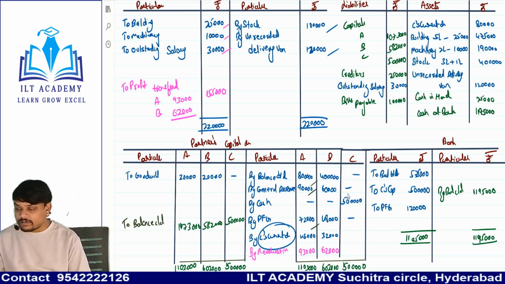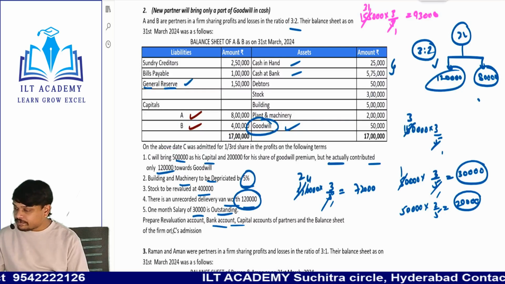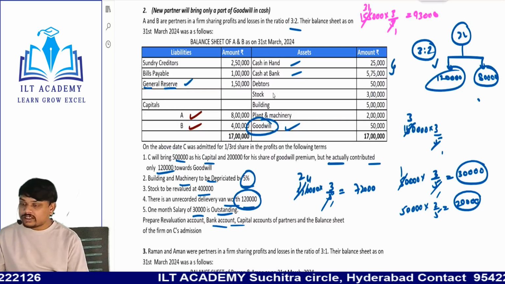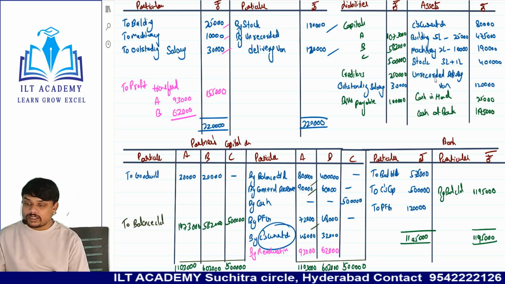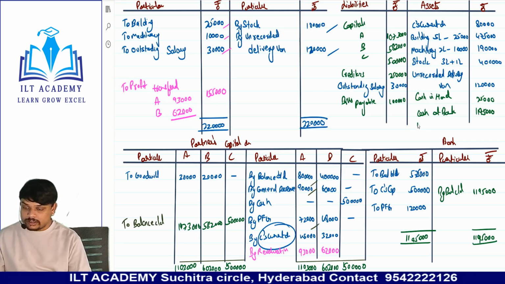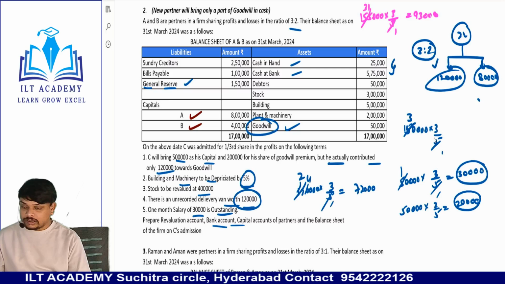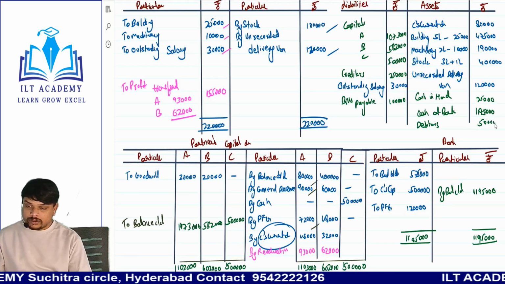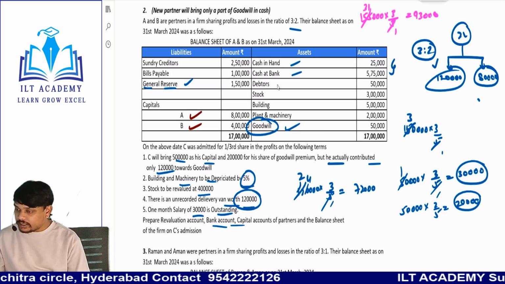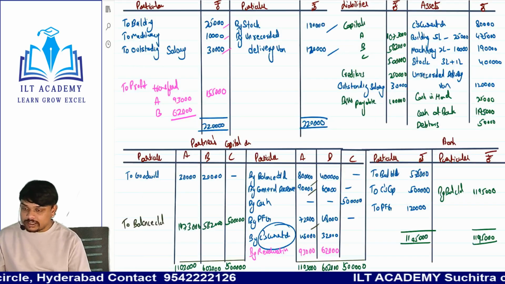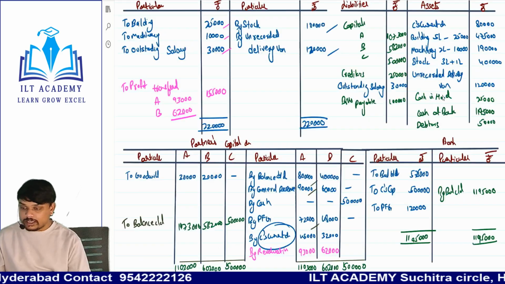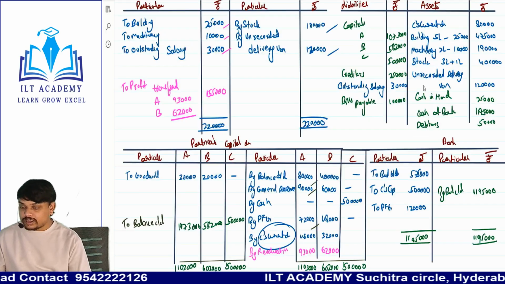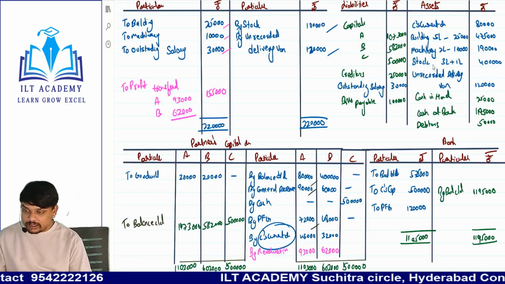The cash at bank is done with 11 lakh 95,000. Then returns we have not recorded. Returns are 50,000. We have adjusted stock 3 lakhs. Stock is recorded. Building done. Plant and machinery done.